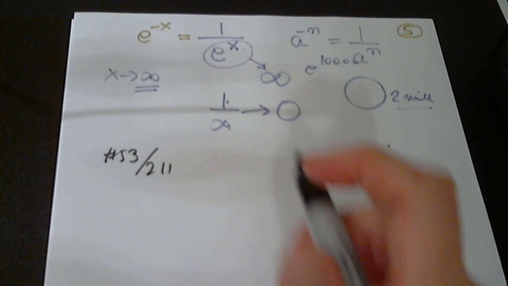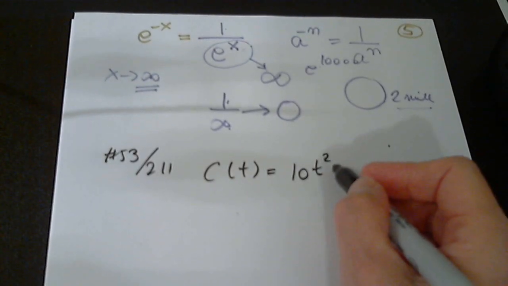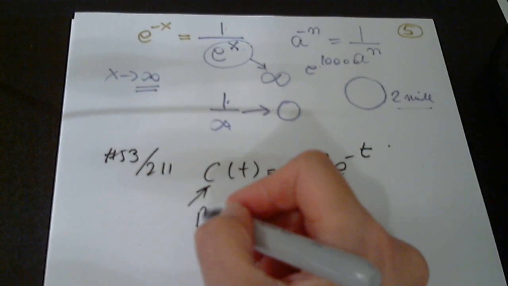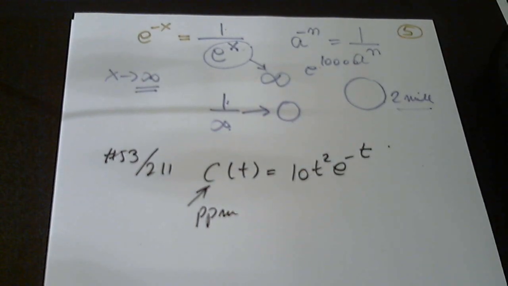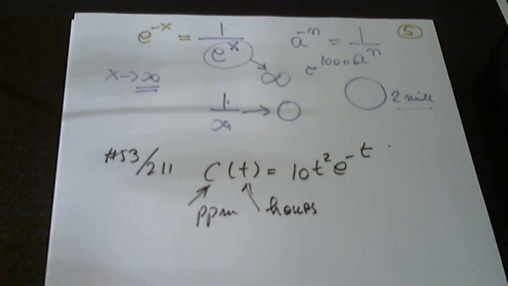Good. So we're given a function C of t equals 10 t squared e to negative t. So now let's read. The concentration C in parts per million, so ppm, of a medication in the body t hours, so t is in hours, after ingestion is given by the function.